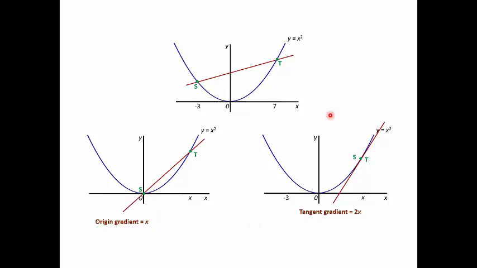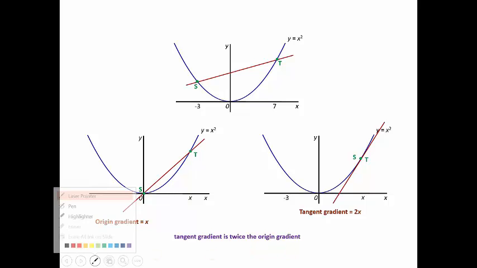And that factor of 2 is in fact the power here in the x squared. In other words, if this had been y equals x cubed, then the tangent gradient would be 3 times the origin gradient. So here, the tangent gradient is twice the origin gradient. We proved that here. And if y equals x cubed, then the tangent gradient would be 3 times the origin gradient. And this is a very useful formula.